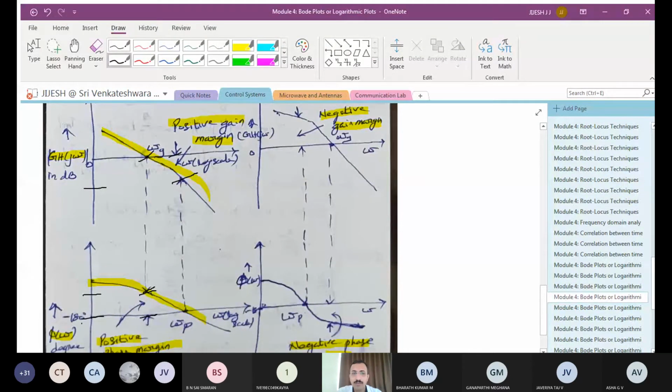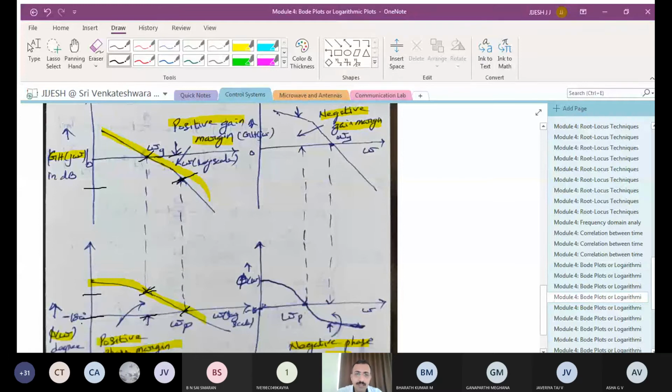Now if you want to find the gain margin, it is almost similar. You have to check the phase plot. You have to see where the crossover to the minus 180 degree axis is. It is at this point. So you put dotted lines towards up, and it will meet at this point.